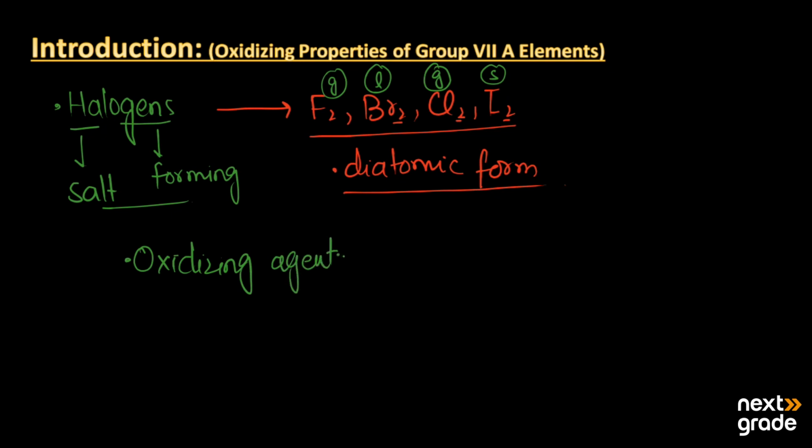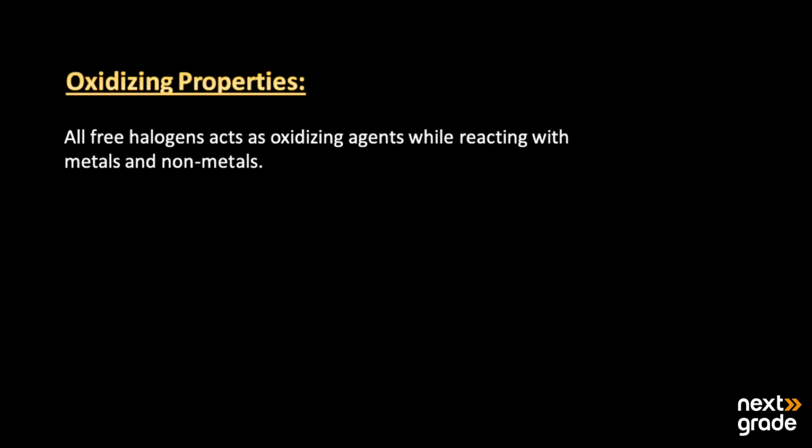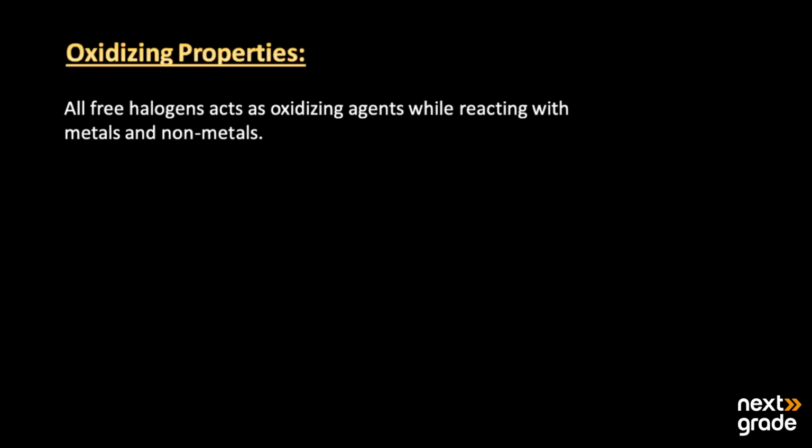Now, how do they work as an oxidizing agent? Let's have a look. All the free halogens can act as oxidizing agents while reacting with metals and non-metals. The reactant elements require a positive oxidation state in the compounds that are formed.